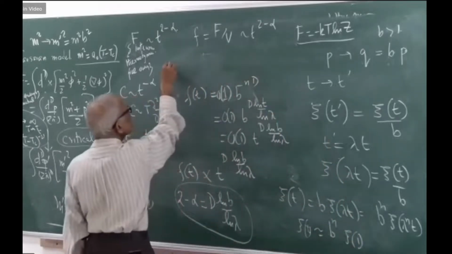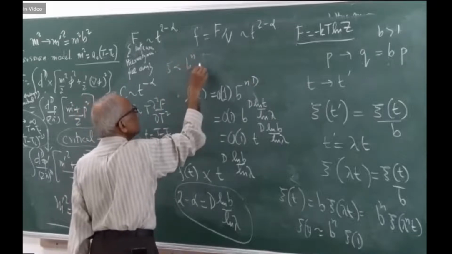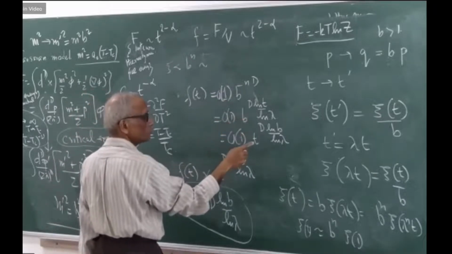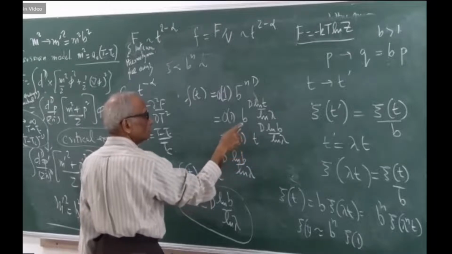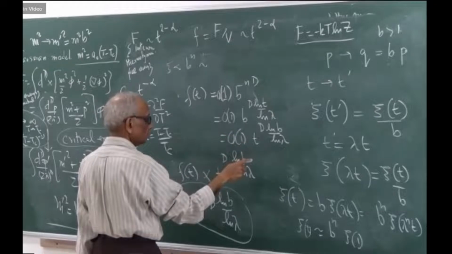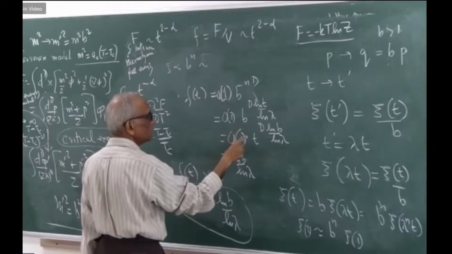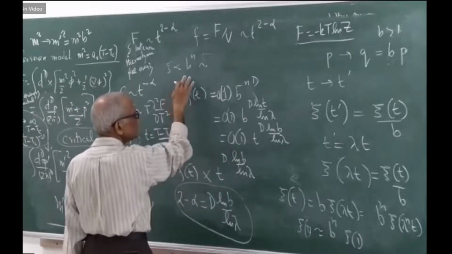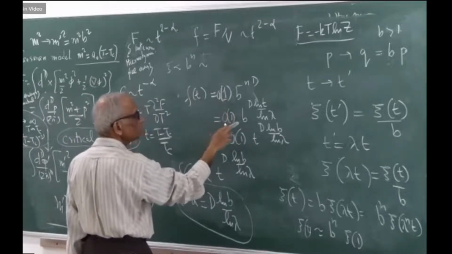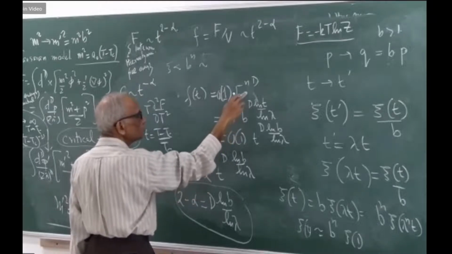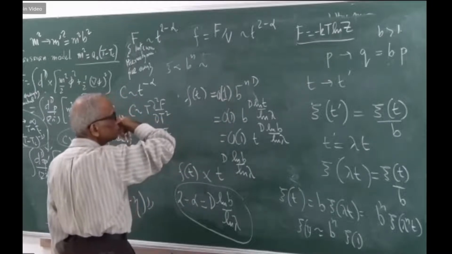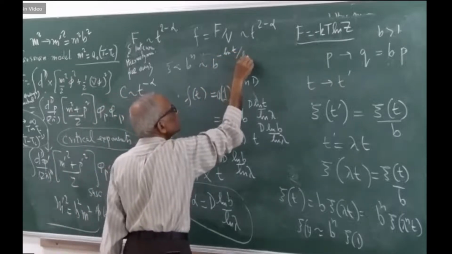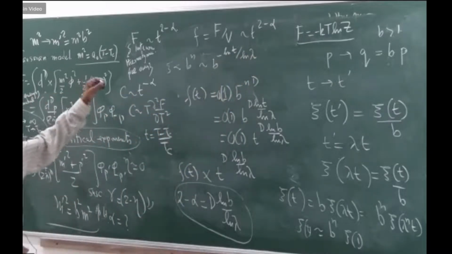So xi is proportional to b to the power n, and with n from here, it is b to the power minus log t divided by log lambda.